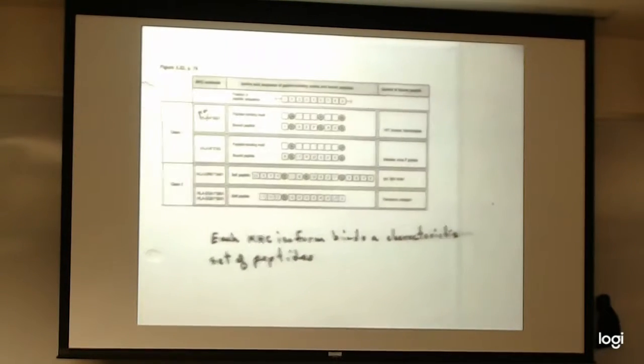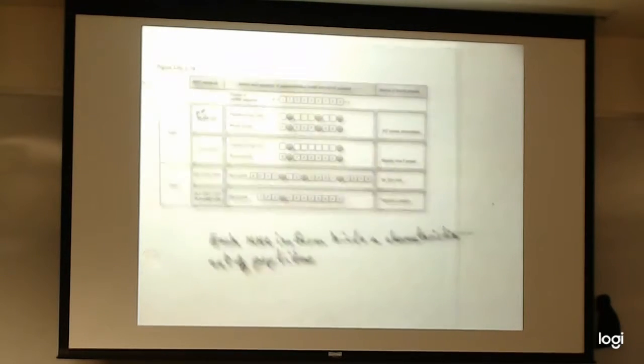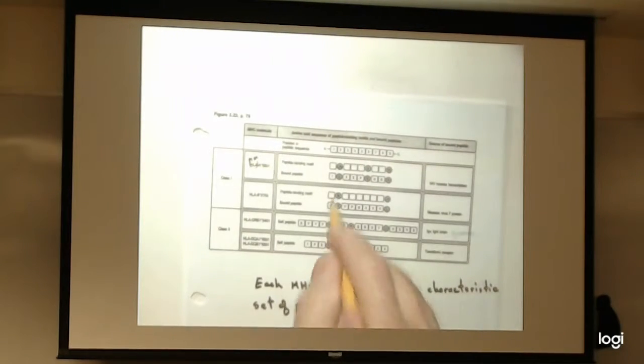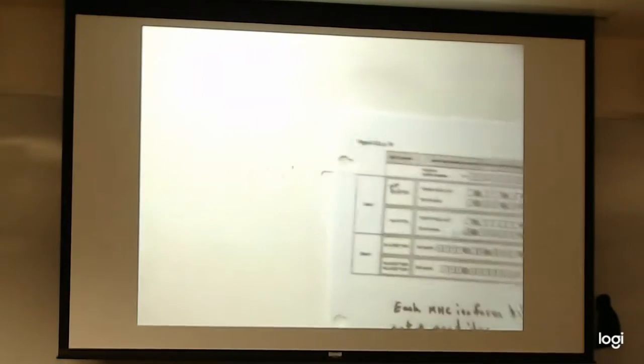Again, as I've said, each MHC allele or isoform binds a characteristic set of like 10,000 peptides. But they all have the anchor amino acids, only 2 anchors. Well, there's one with just 1 anchor amino acid, but by and large, 2 anchor amino acids.